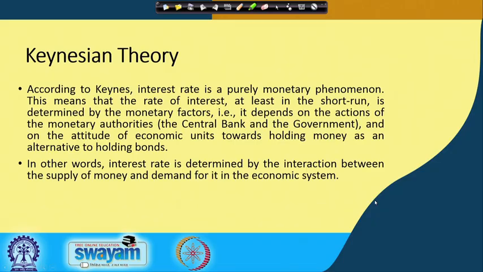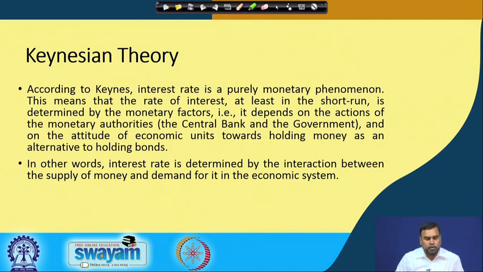So, what exactly is this Keynesian theory or liquidity preference theory? If you remember, whenever we are talking about the classical theory, we are discussing that the interest rate is a real phenomenon, or the interest rate is determined by the real factors in the economy.